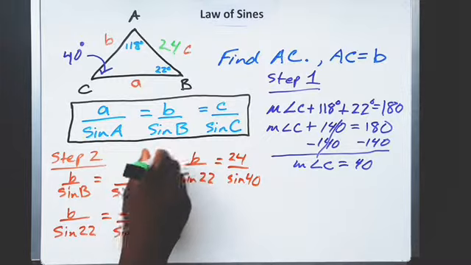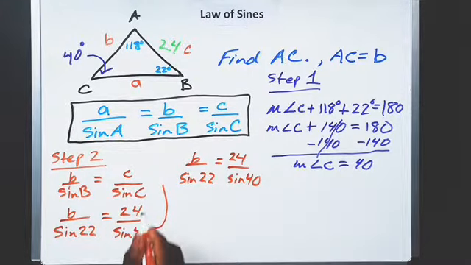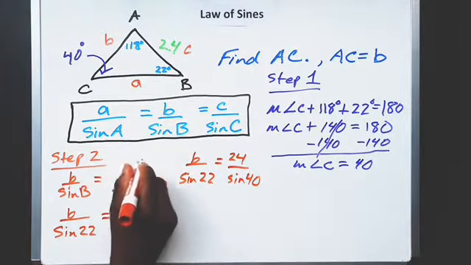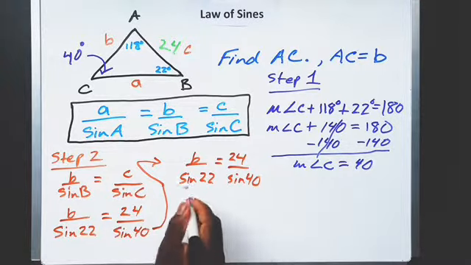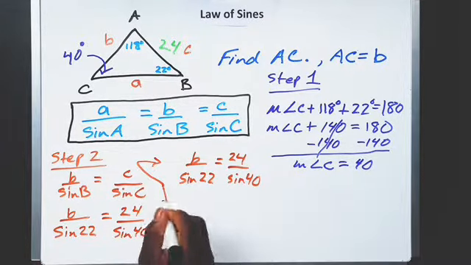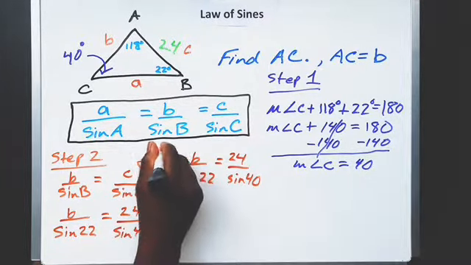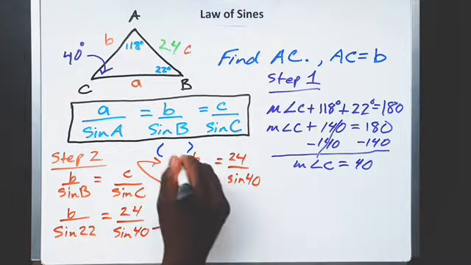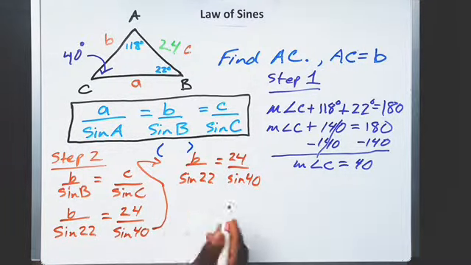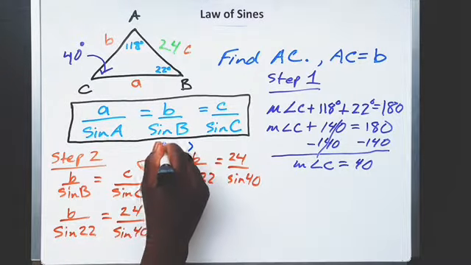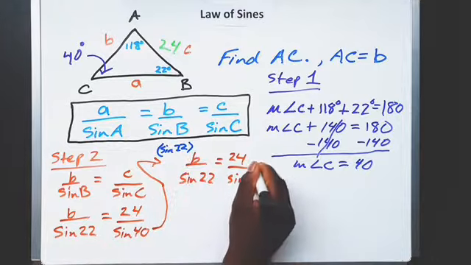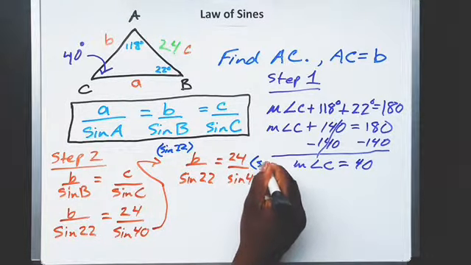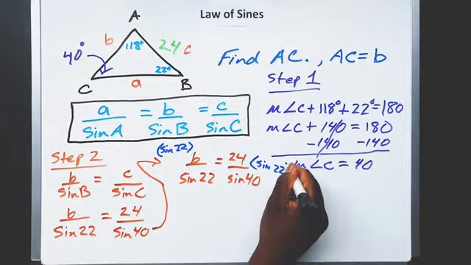And just so I can have some more space, I'm going to bring this line a little bit over here. And remember, I said what we're going to do is multiply both sides of this equation by sine 22 so we can get b by itself.